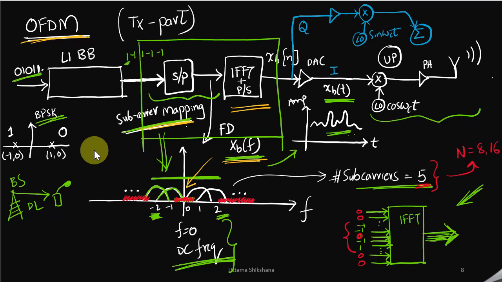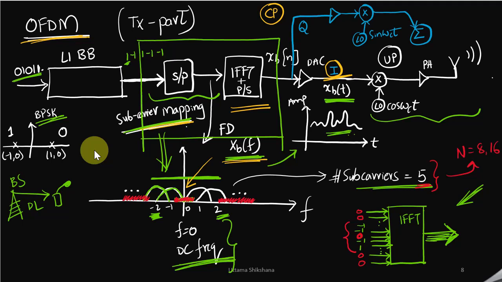Note that I have not considered the CP addition or CP removal block for the sake of simplicity. And if you see my previous videos, I had considered only the I channel, but not the Q channel. Again, this is for the sake of simplicity, to understand the concept in a simpler way.